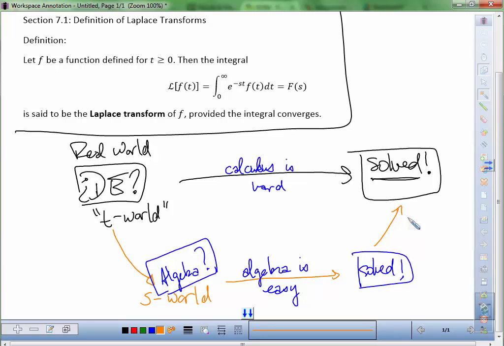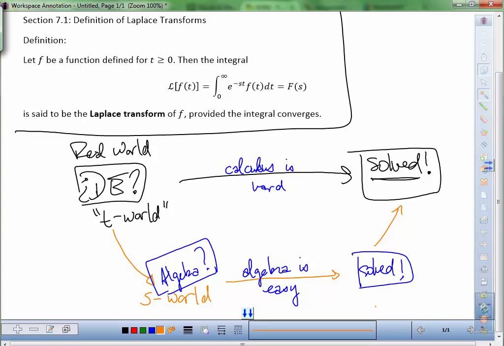So the same thing: you start with a t world, you exchange your differential equation for an algebra problem where you solve for s in the S world, and then you need to translate it back into the t world to see what actual functions came up.